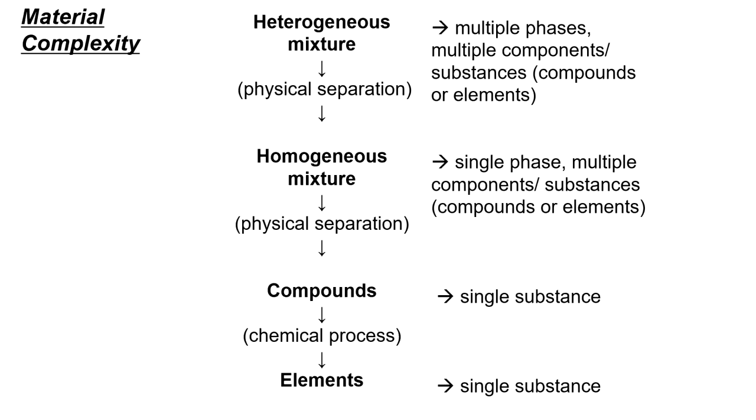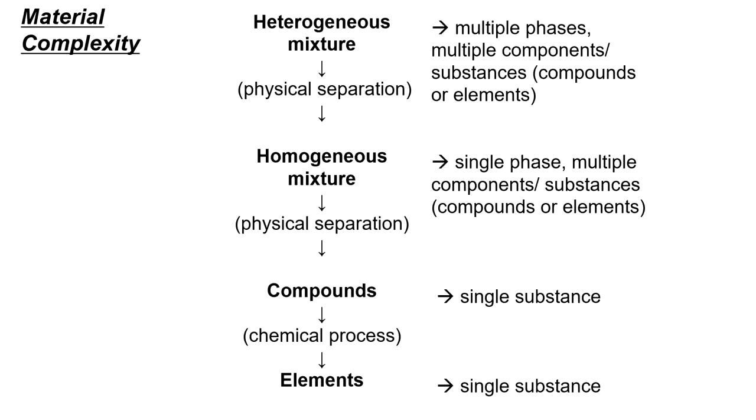Now, compounds, these are single substances. They are pure substances. They can be made pure. So, for example, the water in the Gatorade or the water in the Kool-Aid, that would be a single substance. The sugar, the salt, the dye, the citric acid, each one of those components would be a compound, and they are single substances.